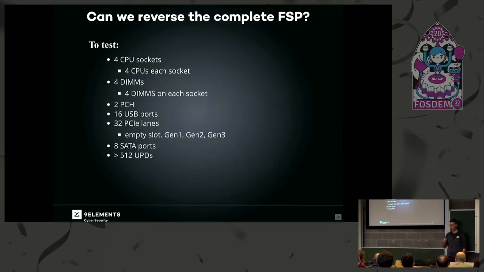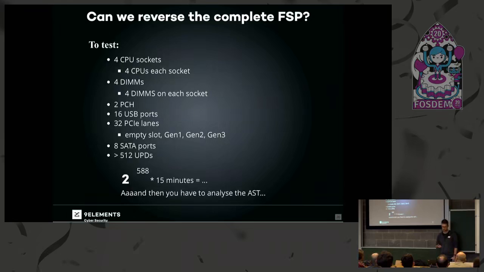FSP has quite a lot of options that can be configured, and I only assume they can be true or false. Then we have 2 to the power of 588 times 15 minutes to collect a single trace, and that's going to take quite a while.